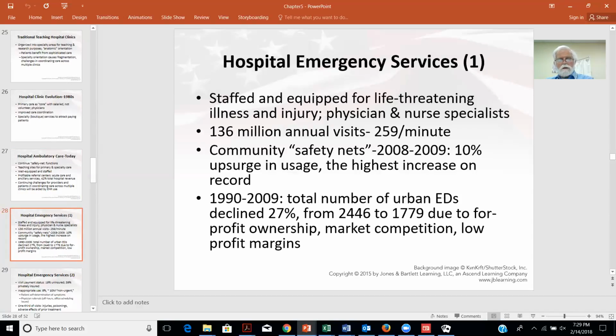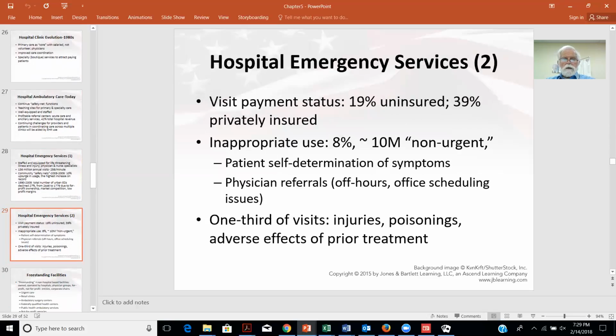Most of them do not end up in hospital admissions. Although it is set up for life-threatening illness and injury, and has lots of physicians and nurses, they're also seeing a lot of non-emergency conditions. There's a lot of inappropriate use. Although the percentage is small, it's still at least 10 million non-urgent visits.